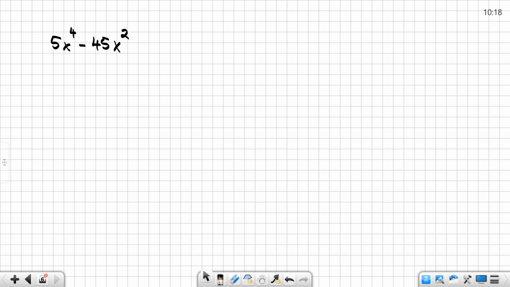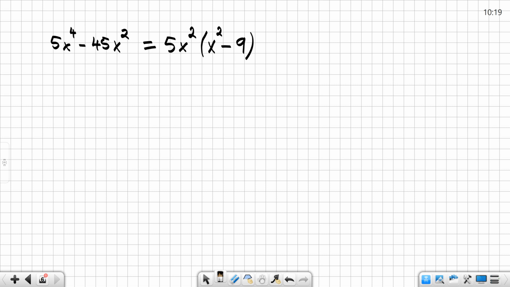So we want to factor 5x to the 4th minus 45x squared. Again, what is a common factor between these two terms? I see a 5x squared. If I take it out of my first one, I'm left with an x squared. If I take it out of the last one, I'm left with a negative 9.